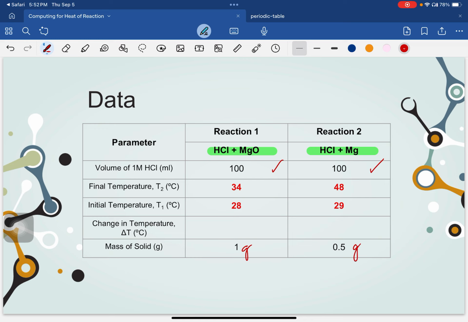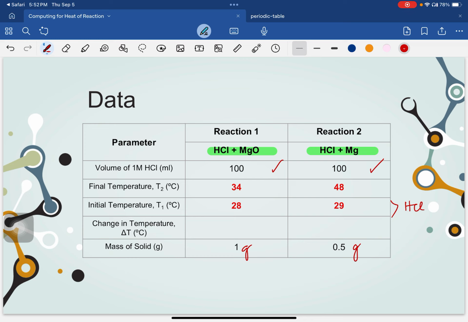The initial temperature was obtained by getting the temperature of hydrochloric acid before mixing the magnesium oxide or the raw magnesium. For the first reaction, the initial temperature I obtained was 28 degrees Celsius. And for the second reaction, it is very close. I obtained 29 degrees Celsius.